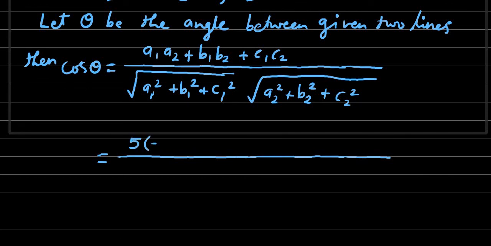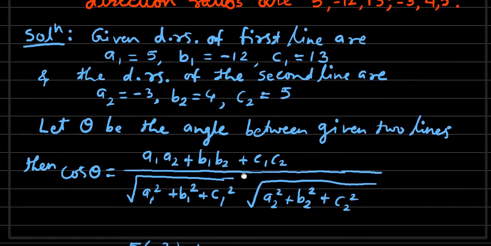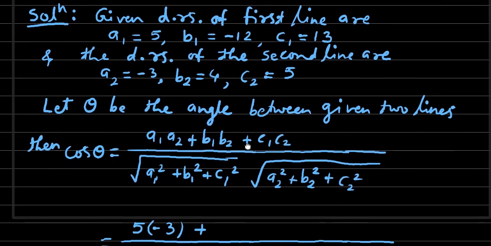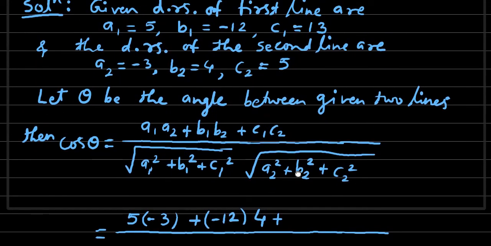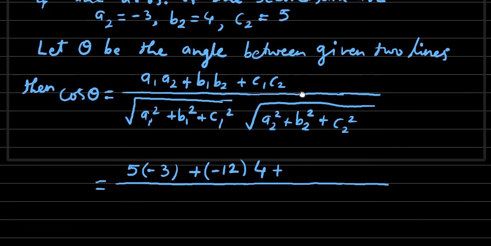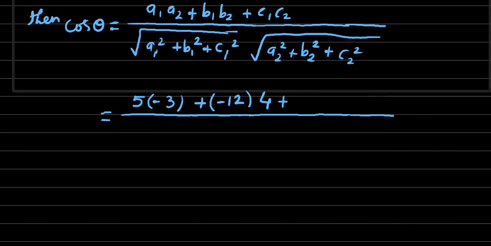Then plus, B1 was minus 12, B2 was 4, so minus 12 into 4. And finally, values of C1 and C2 were 13 and 5 respectively, so plus 13 into 5.